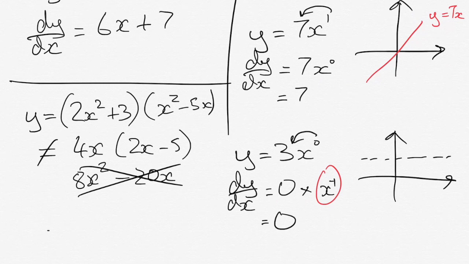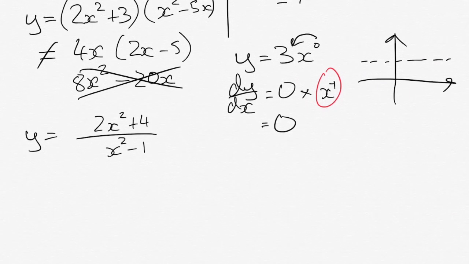Same goes for division. If we've got another function, y is equal to (2x squared plus 4) divided by (x squared minus 1), we cannot simply do the derivative of the top divided by the derivative of the bottom. What we have to do instead in those cases is simplify beforehand. If we've got something presented like the product, we're going to have to multiply those two brackets using the box method or some other method to expand brackets to get each term individually and then find the derivative.